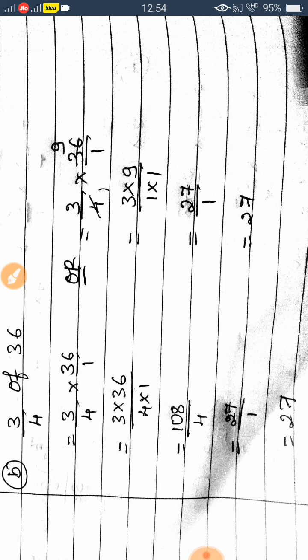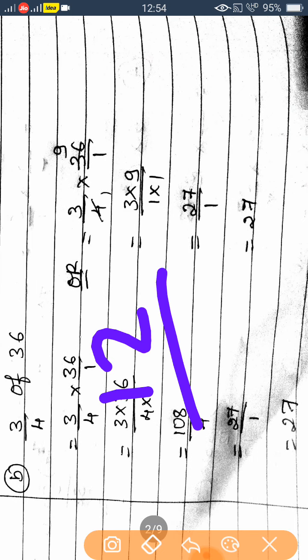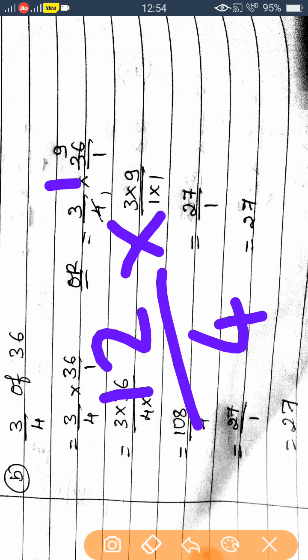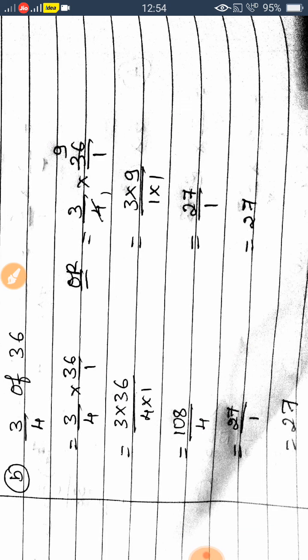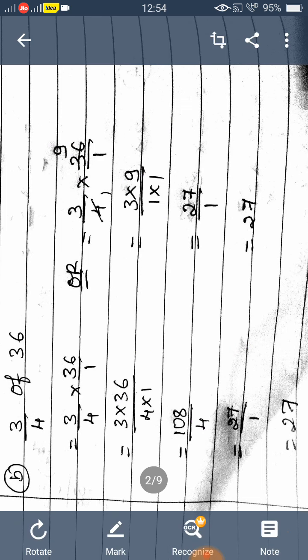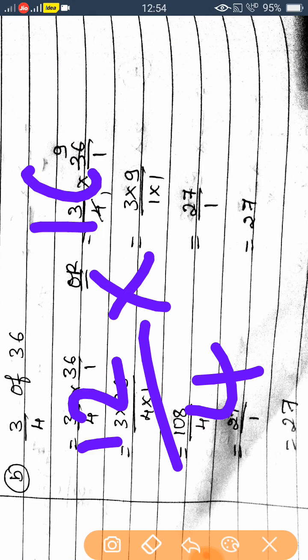Sometimes, for example, once again I'll write, wait, 12 by 4 into 16 by 5, it is a question.